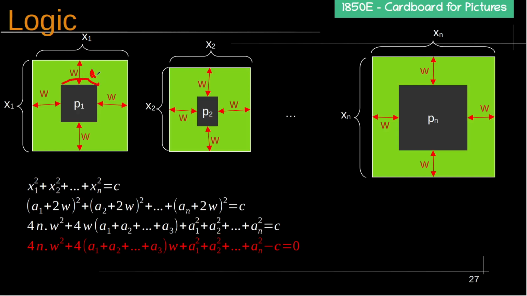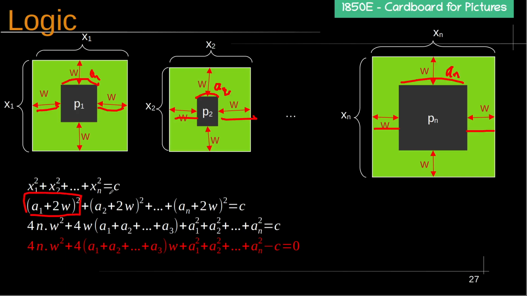Let's call it A1 for this picture plus this W and this W. Same here for picture number 2: A2 plus 2W for x2, until the nth cardboard, An plus 2W. Okay, so we can write A1 plus 2W square plus A2 plus 2W square plus An plus 2W square is equal to C. As you see here, we have a remarkable product.